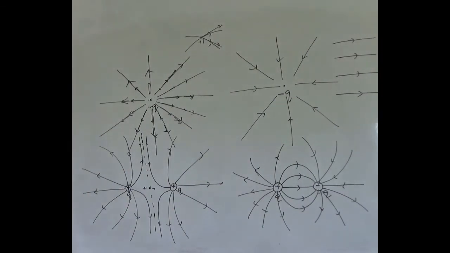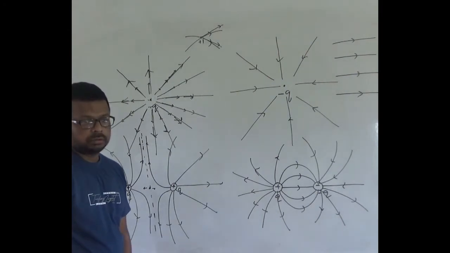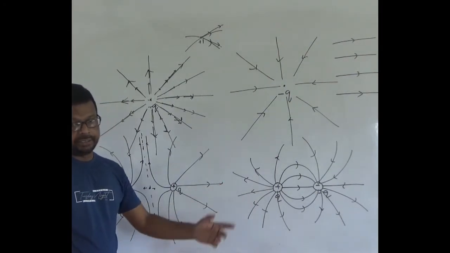The number of lines crossing unit cross-sectional area perpendicular to the field is proportional to the magnitude of the intensity of the electric field in that region. By this you can find the electric field intensity from the field lines.